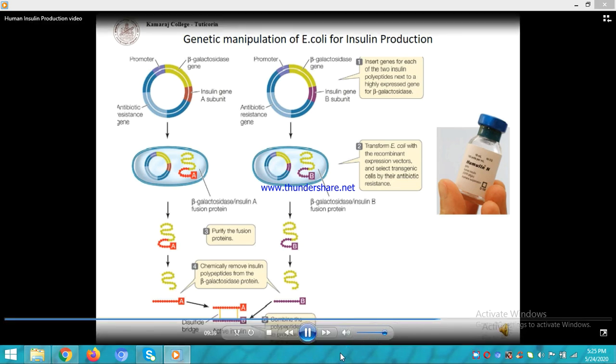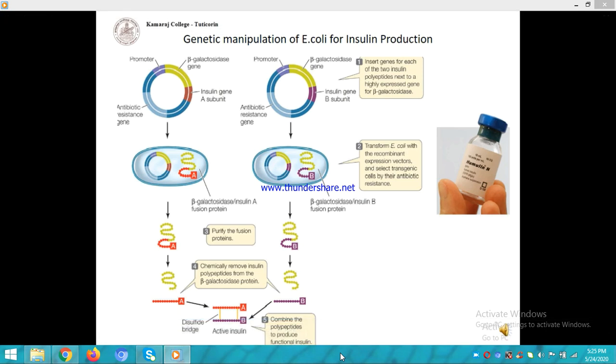Okay, so after this we will see the procedure. This is the diagrammatic representation of the procedure, and after that we will see the step by step procedure: how they construct this plasmid, how the transformation is done, how the fusion protein is produced, and how they purify the fusion proteins.